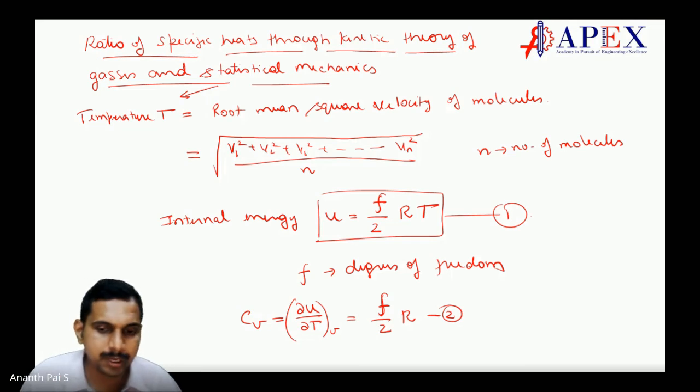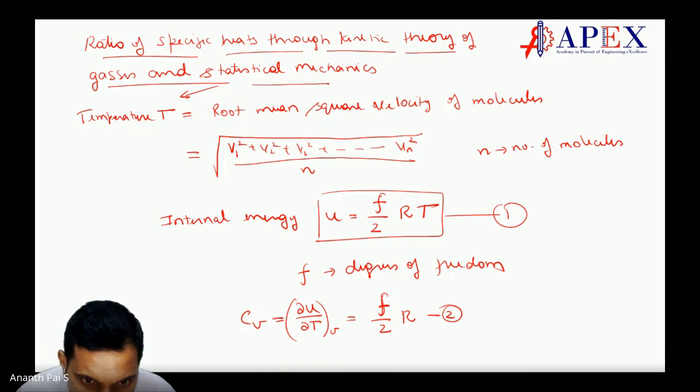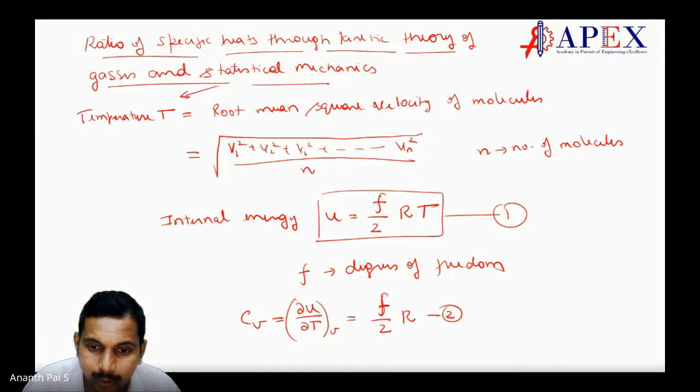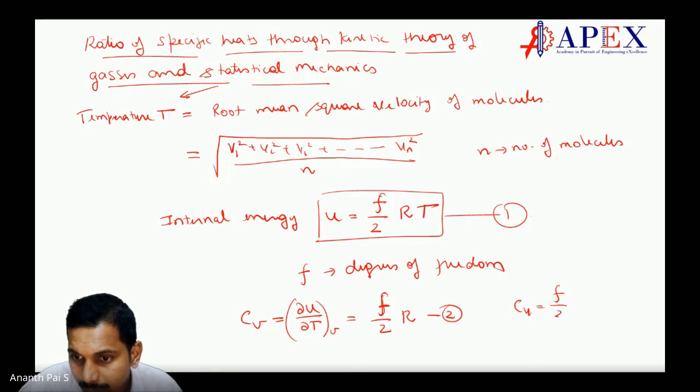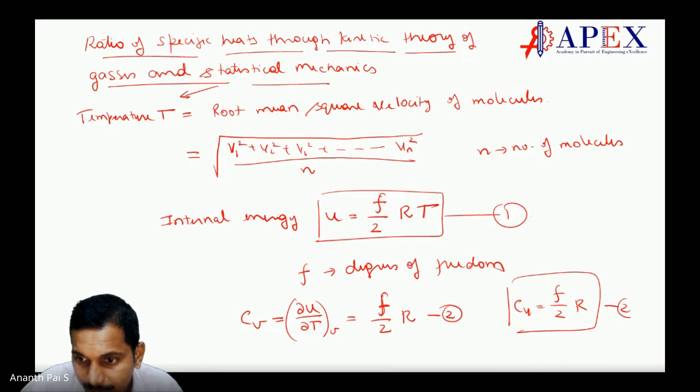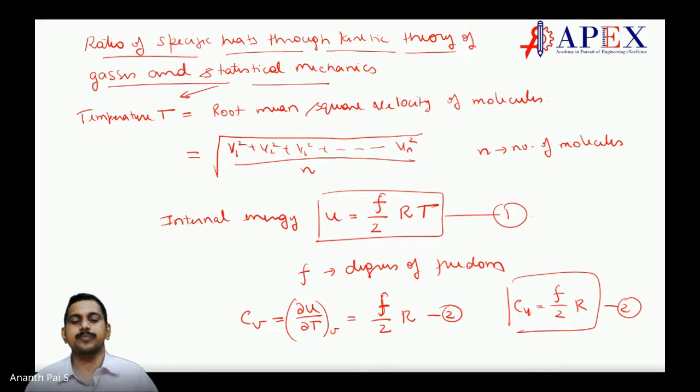So Cv is equal to F by 2 into R. This is equation 2. Write this down, students. Very, very important, these things.